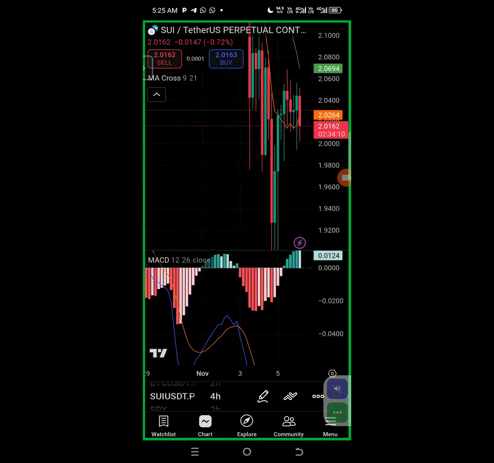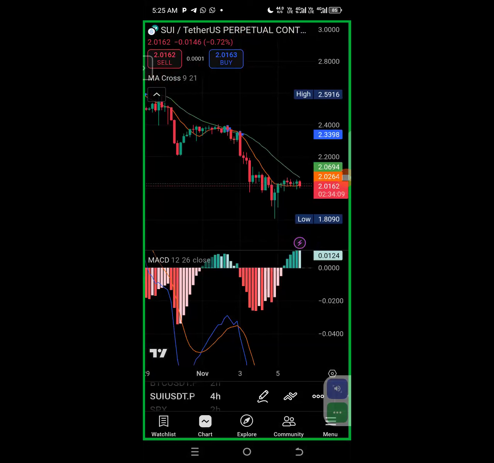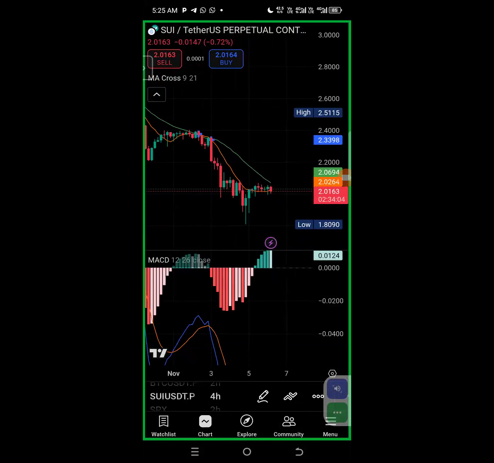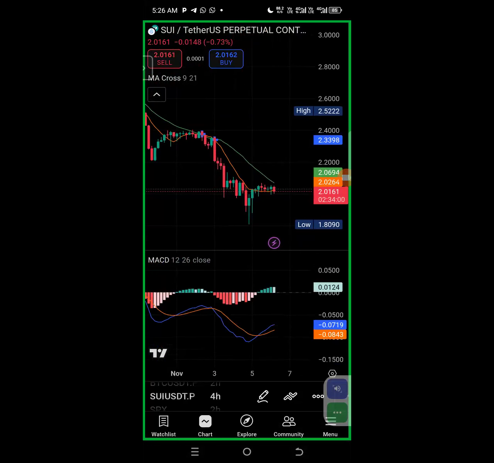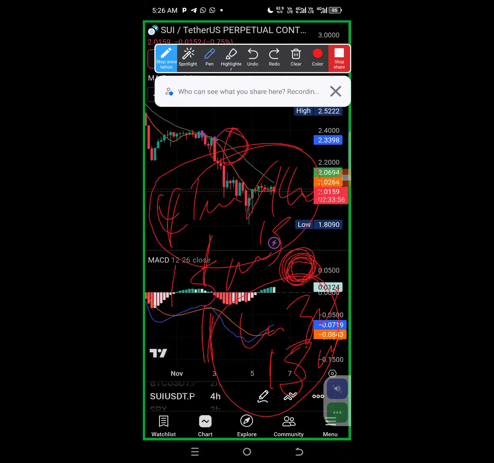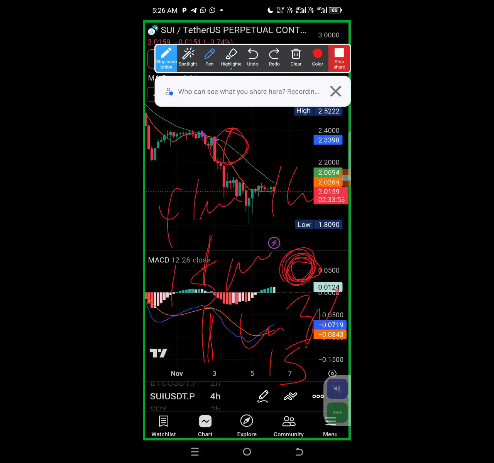Good. So on the 4 hour time frame, you could see it is what? It is a downtrend.